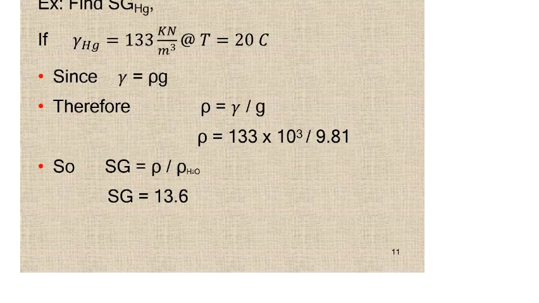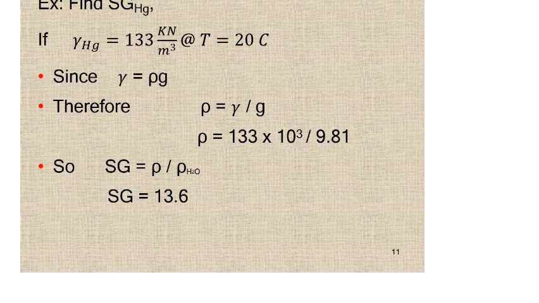So here we have a short numerical in which we have to find the specific gravity of mercury. Given is gamma. We know the formula that gamma is equal to density multiplied by gravity. If we divide by gravity on both sides, we obtain density equal to gamma divided by gravity.